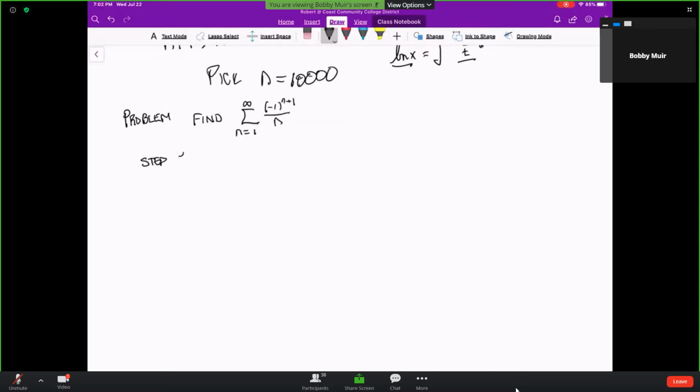Step 1, we're going to let t sub n be a sequence where I'm going to define each one as 1 plus a half plus a third plus a fourth all the way up to plus 1 over n. And then he wants to subtract off the natural log of n.